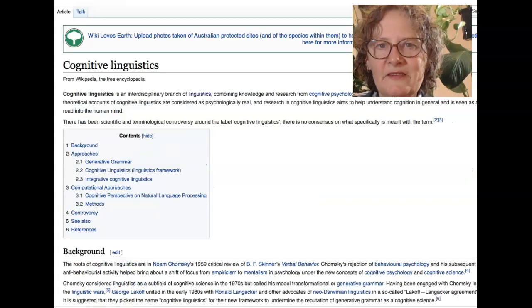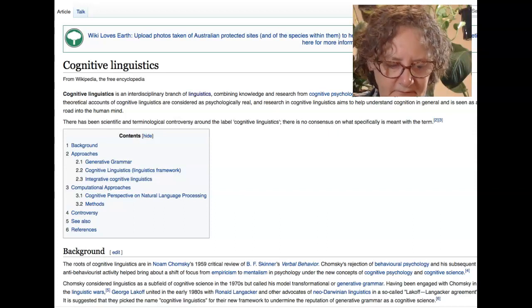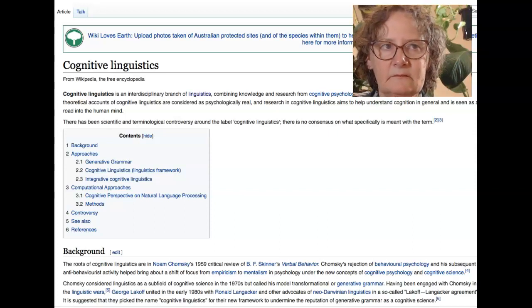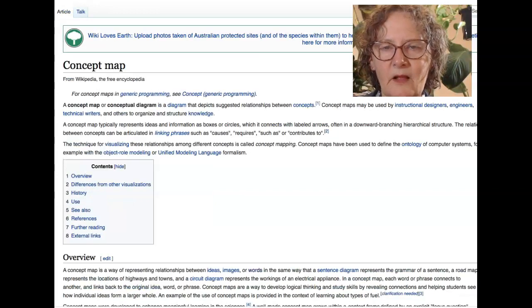We can look at cognitive linguistics, where we're trying to understand how the human brain actually processes language to make meaning. We can attempt to make maps.